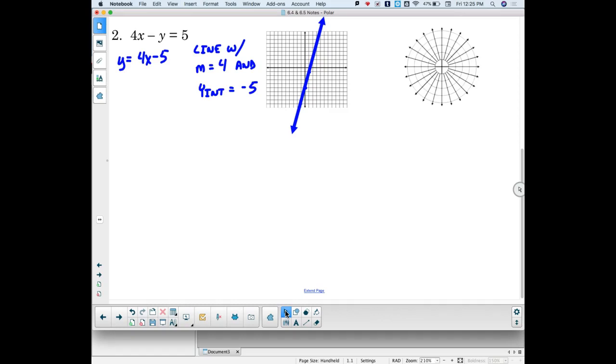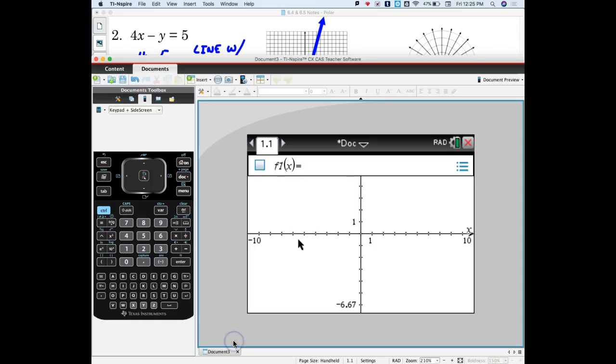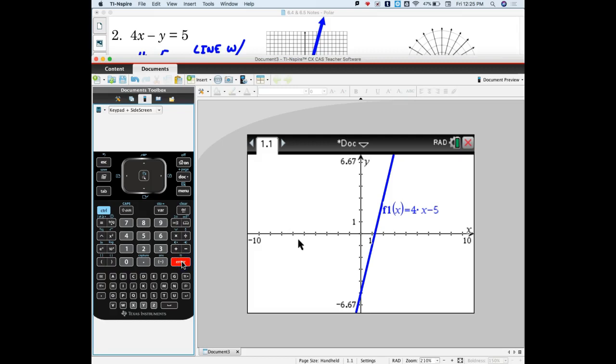Now, tap the brakes before I go to polar, that's going to look like 4x minus 5, which is what we just graphed. Now, I want to come up with the polar equation that gives me that exact line, so that when I graph them, they are one on top of the other.